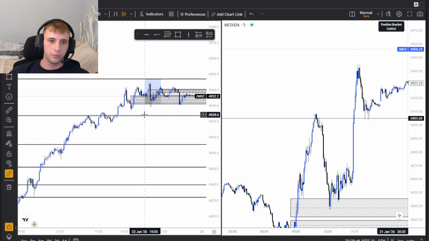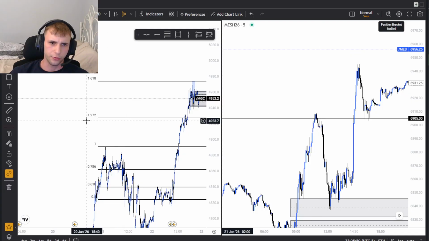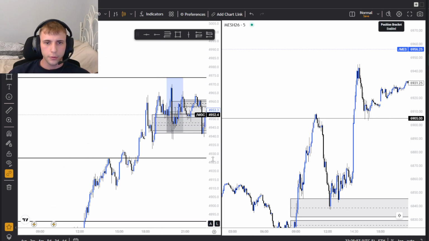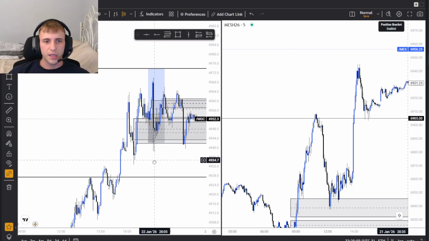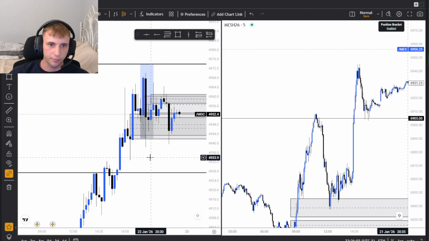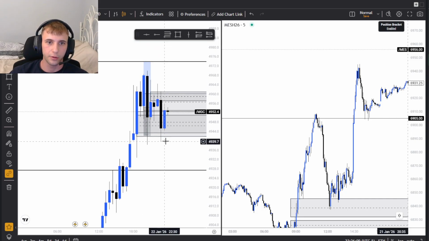Let's go down to the lower time frame. As we can see, we already took out the 1.272. We're still very bullish, right? 15-minute time frame, bullish. 30-minute time frame, bullish.